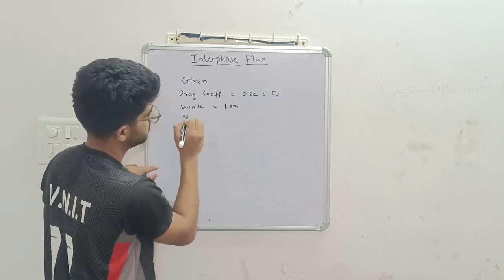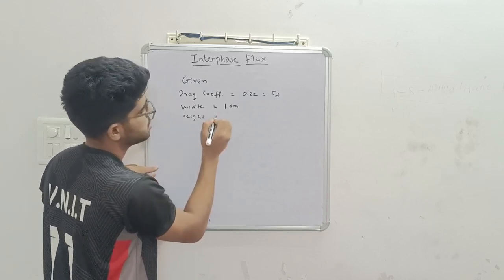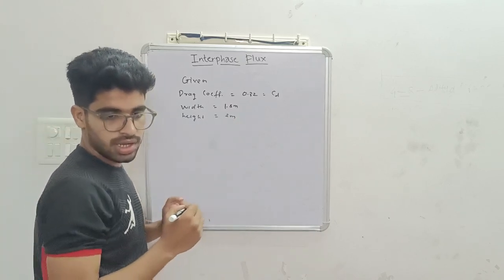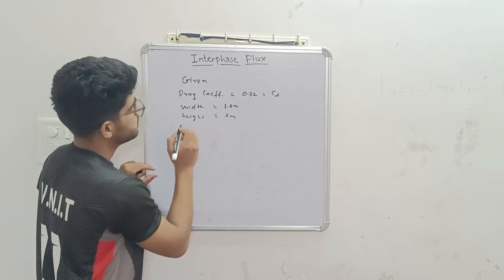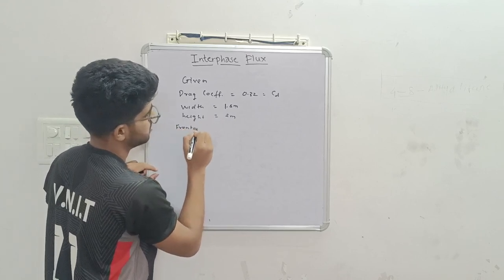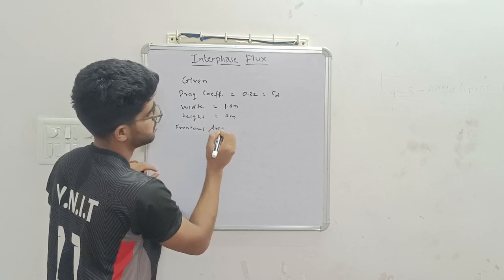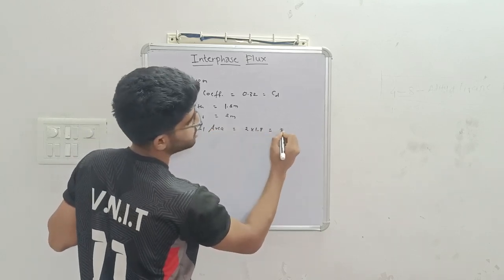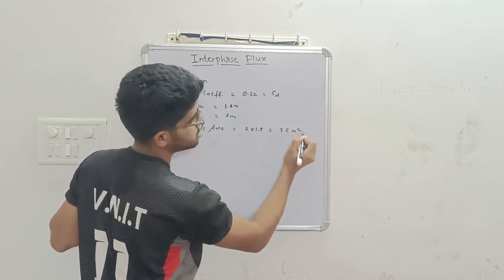Height is equal to 2 meter. Frontal area is equal to 2 into 1.8, which is equal to 3.6 meters square.